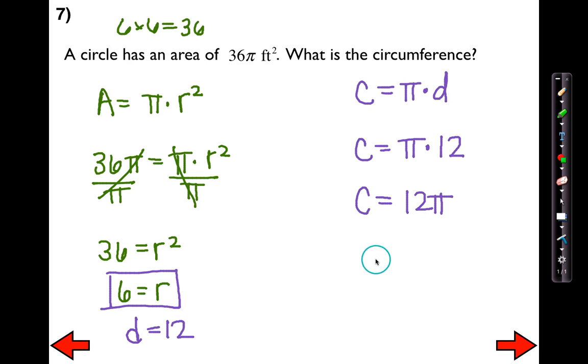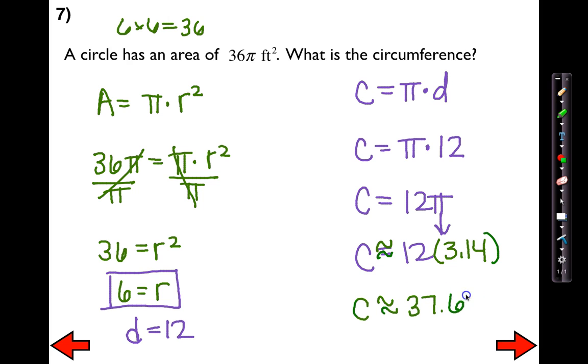Now, if I wanted to write that as a decimal, I would replace pi with 3.14, and this would be an approximation, which is going to be 37.68 feet.